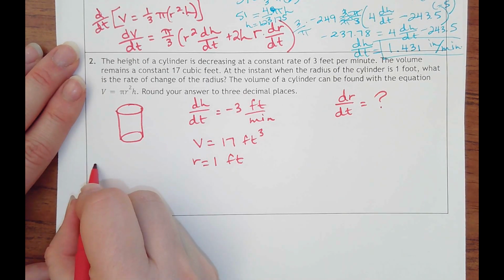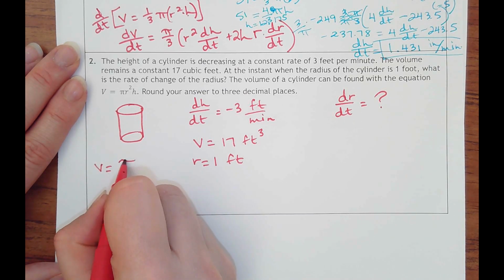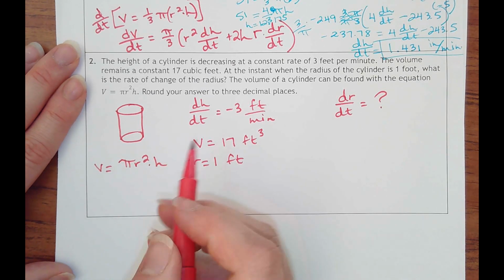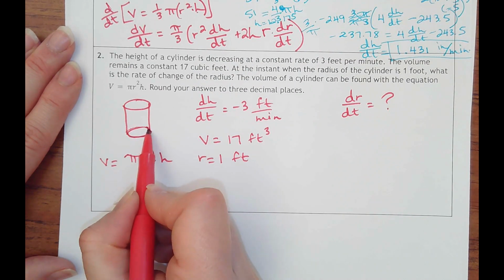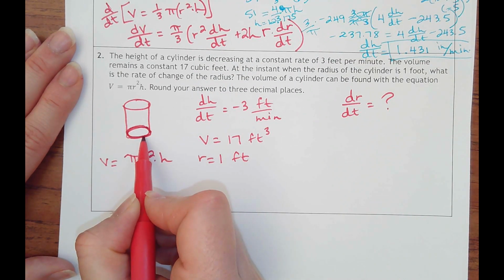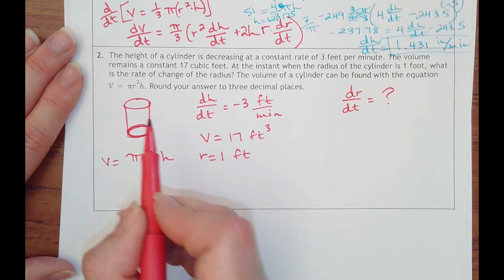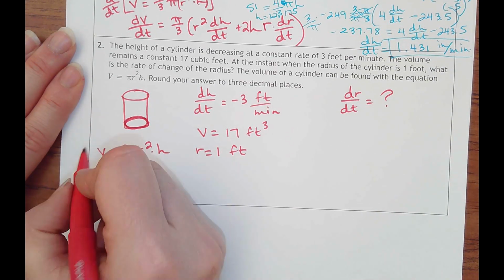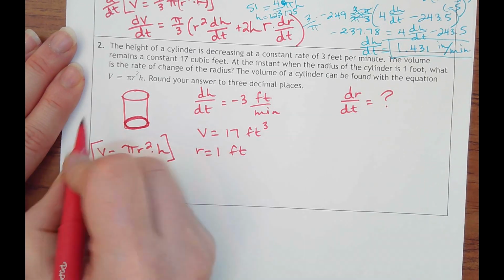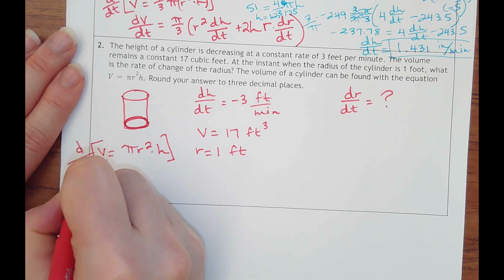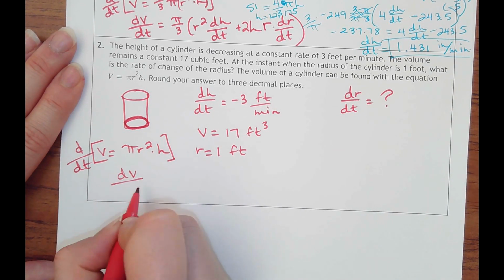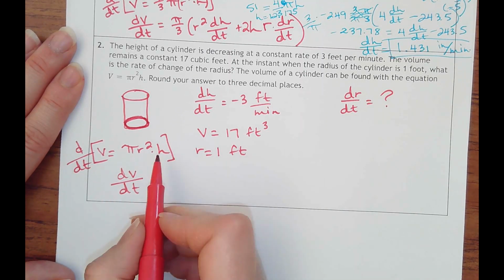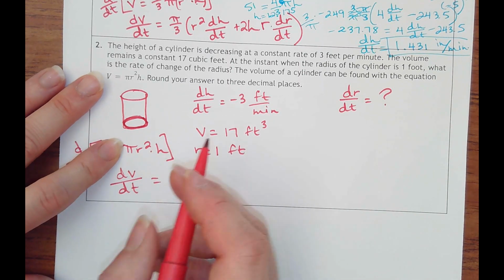Volume of a cylinder is pi r squared times h, because volume is saying, okay, what's the area of the base? That's a circle, pi r squared, and then that many circular slices all the way up its height. Okay, let's just go ahead and start differentiating. We've got dV/dt.